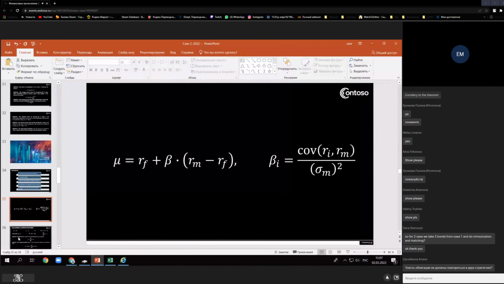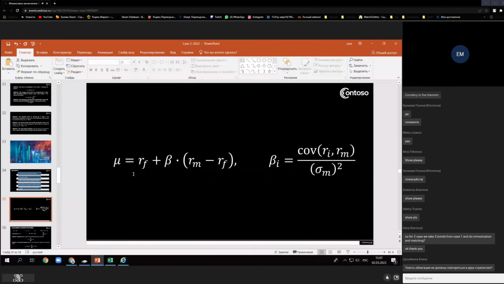B represents the beta coefficient, a very important part of this model, which reflects the sensitivity of the direction of the market price of the asset to changes in the market.